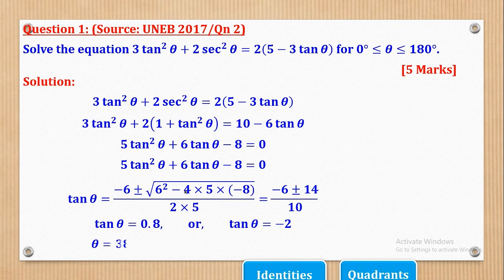And arctan of that will give me here to be 38.66 and here to be 116.57. Now here I'm getting 1 value because of this range. The range is from 0 to 180 degrees. Now here it is already positive, meaning that it will just be arctan 0.8 to give me 38.66.